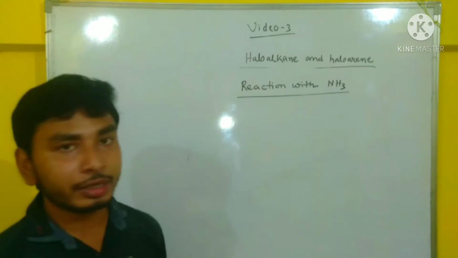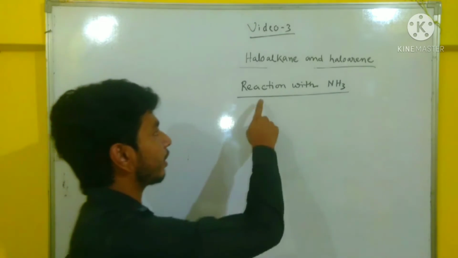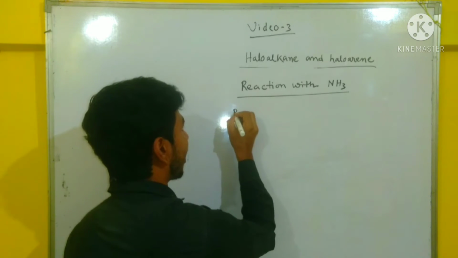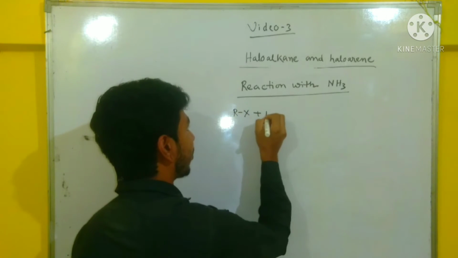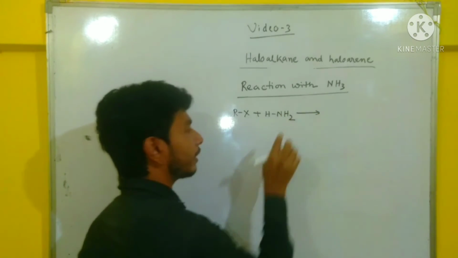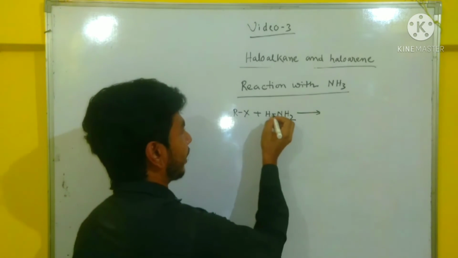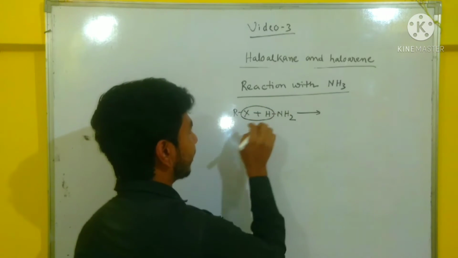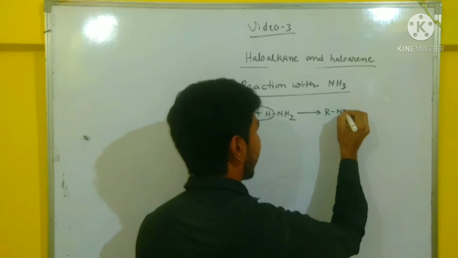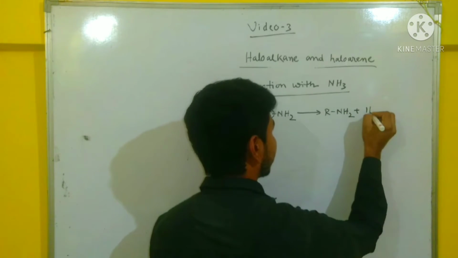Now coming to the next reaction, the reaction with ammonia. So RX, an alkyl halide, on treatment with ammonia, NH3: here H and X, HX, is removed. So here we get R and NH2, that is RNH2 plus HX.